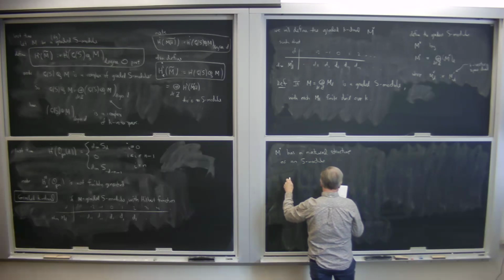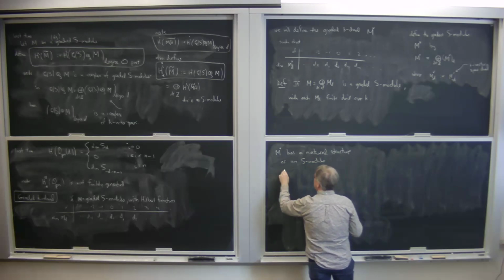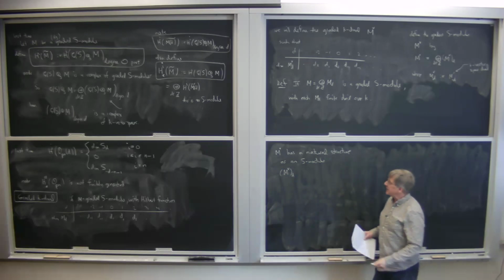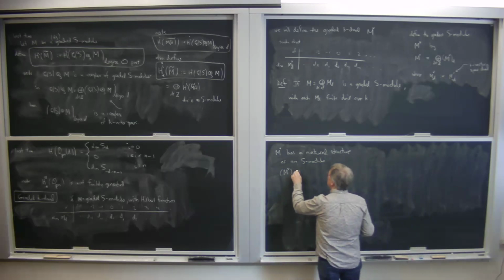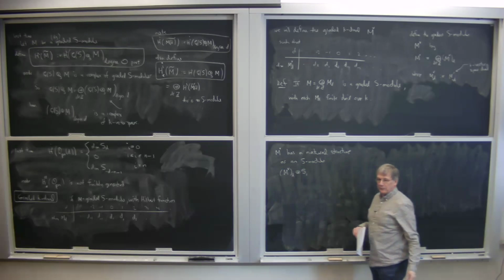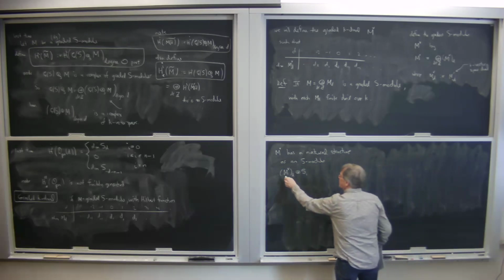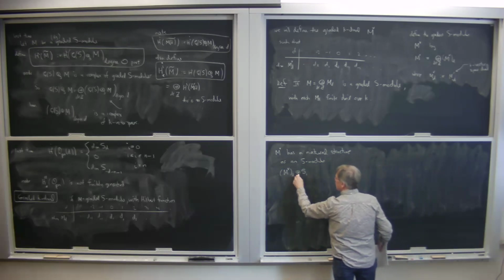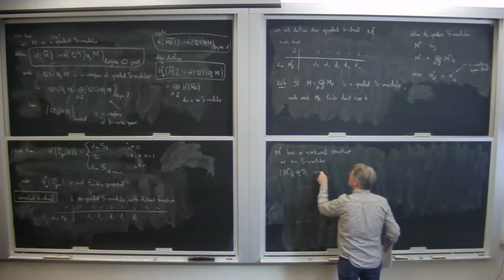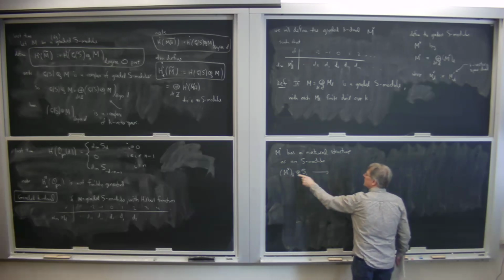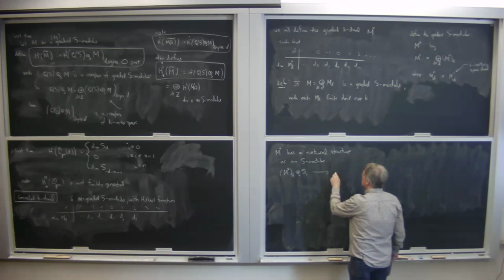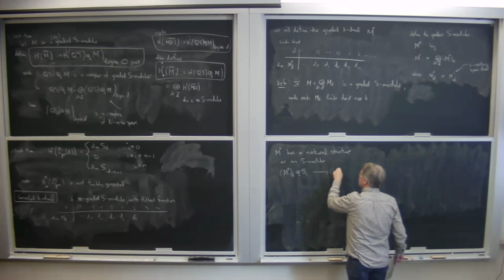So for instance, what do I have to do? I have to take an element of degree D here, right? And take an element of degree 1 in the polynomial ring. And I better have a map that goes from here to here. These are vector spaces now, so this is over K. That had better map to the next higher degree in M check, which is M check in degree D plus 1.